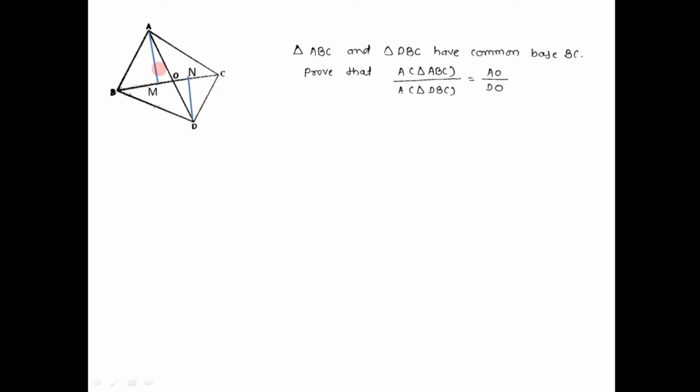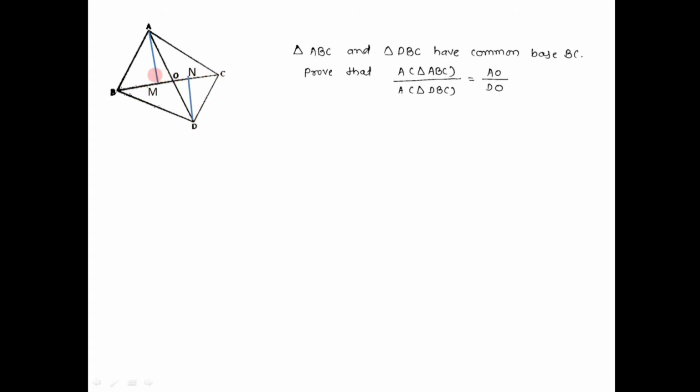As we have drawn two perpendiculars for two triangles, segment AM is perpendicular to segment BC. That means AM is the height of triangle ABC. In the same way, segment DN is perpendicular to base BC, that's why DN is the height for triangle DBC.